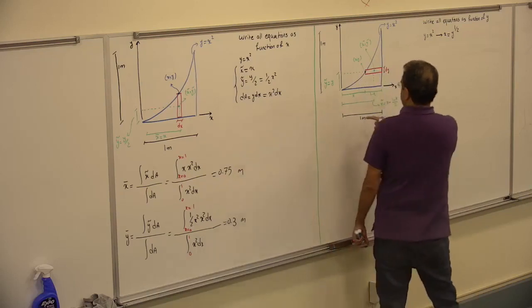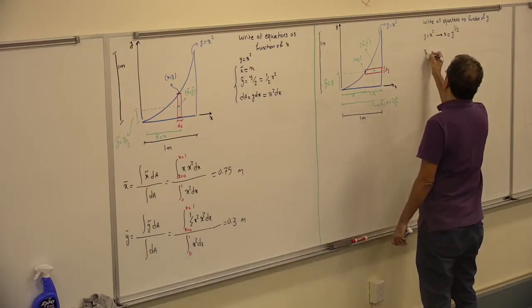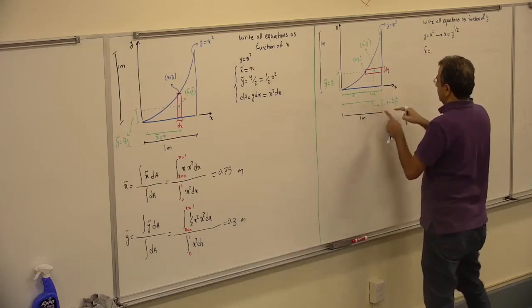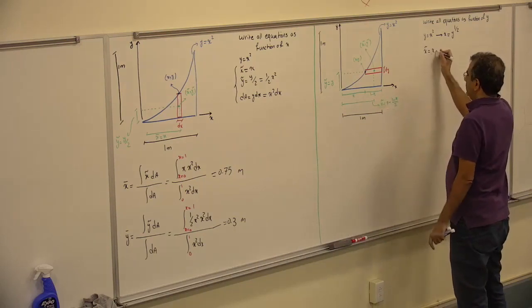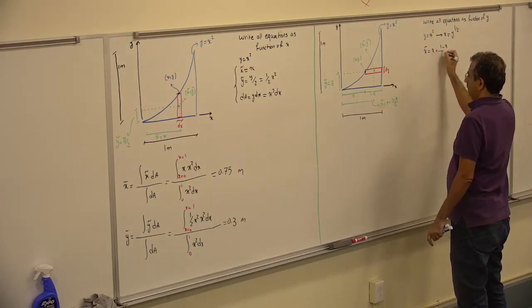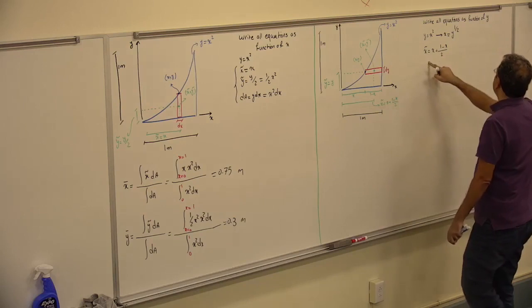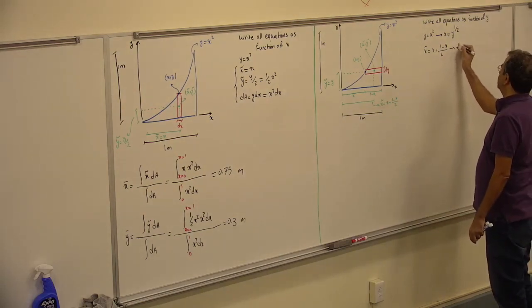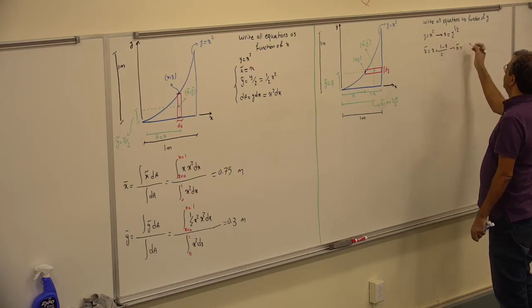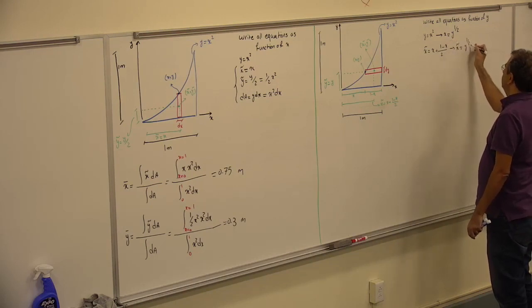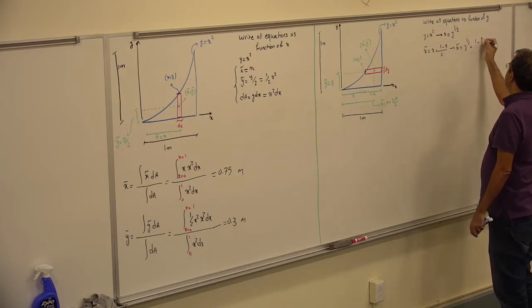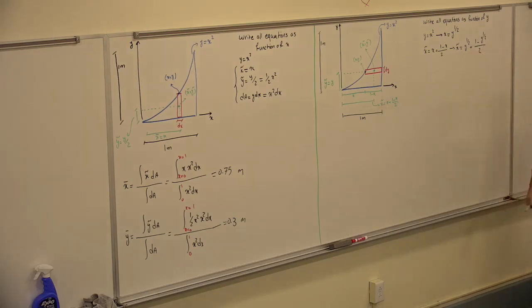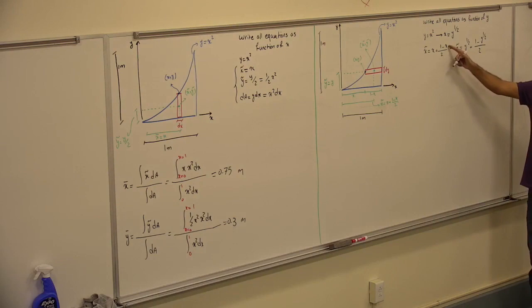Then I need the x tilde. X tilde is x plus (1 minus x) divided by 2. I want it to be a function of y, so I replace it from there. So it's going to be y to the power of half plus 1 minus y to the power of half, divided by 2. I just replace every x with the square root of y.